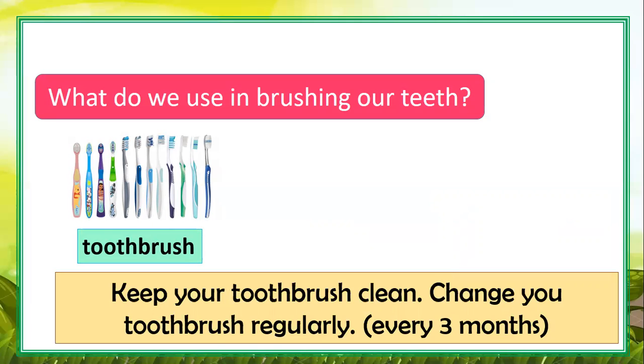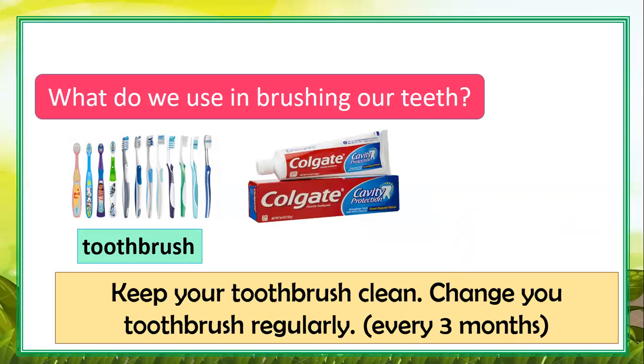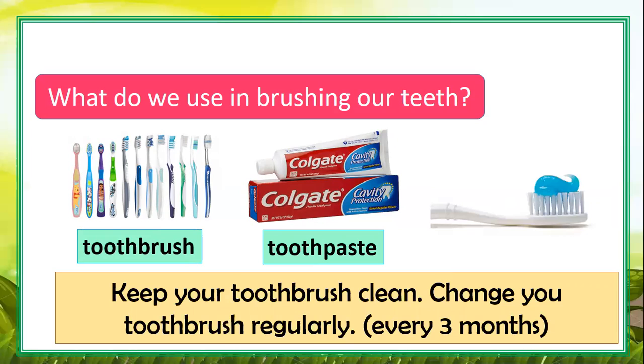The ideal span of changing your toothbrush is every 3 months. Aside from the toothbrush, we also need toothpaste. When we are brushing our teeth, again, we need a toothbrush and a small amount of toothpaste.